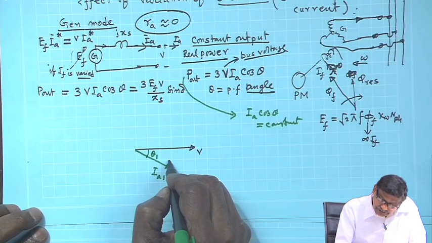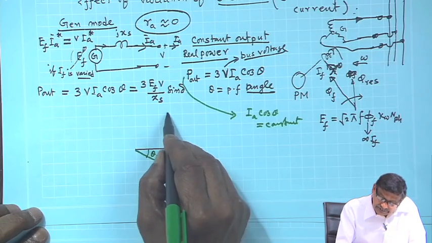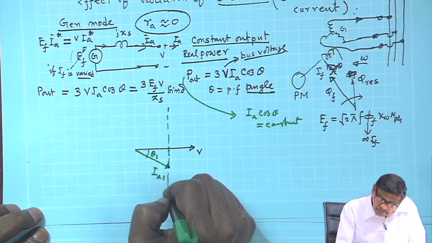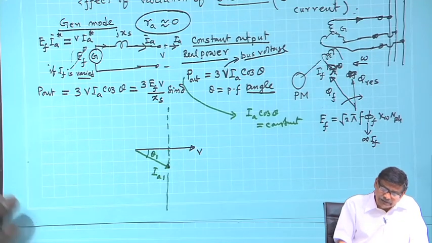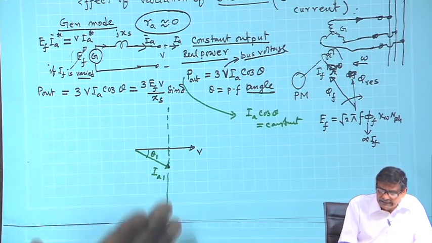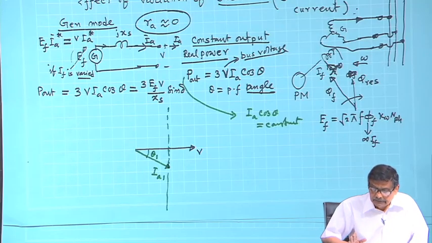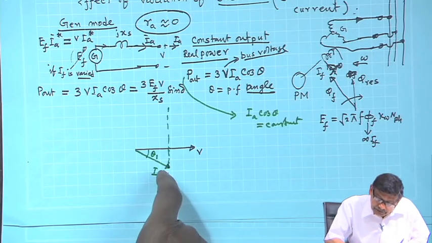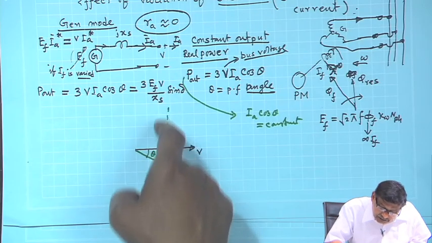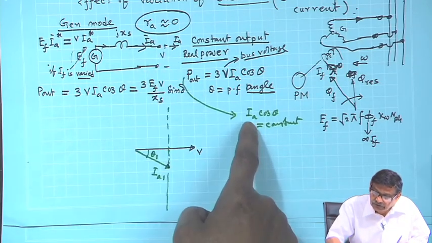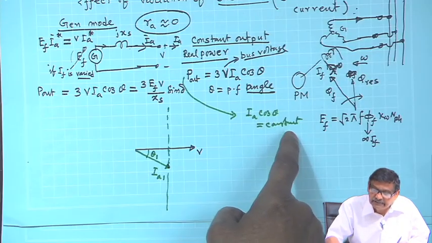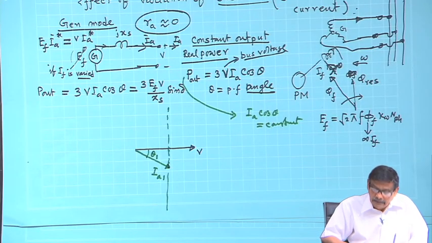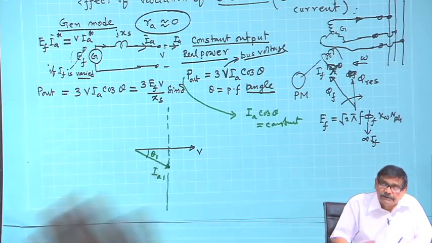The projection of this on this V axis. I do not know how I A and theta are going to change, but I will say that the tip of the current phasor I A must lie on this vertical line, so that I A cos theta is constant. I will come to this. So, this is one thing.